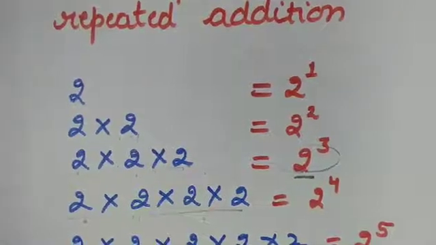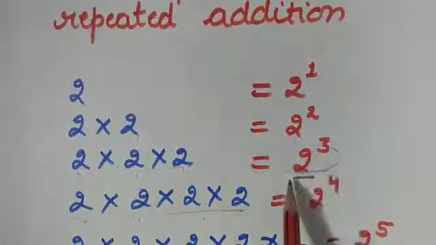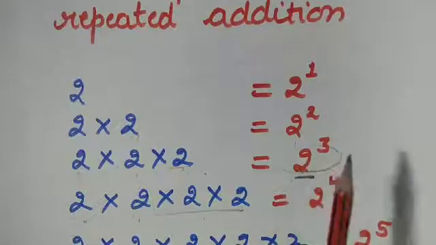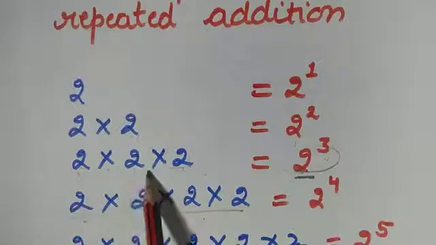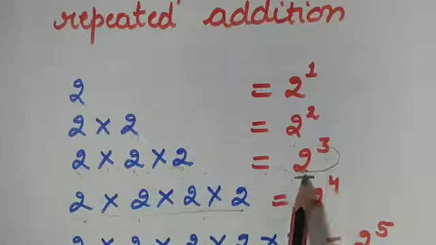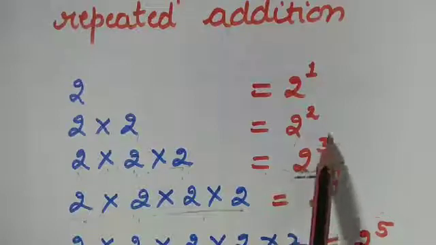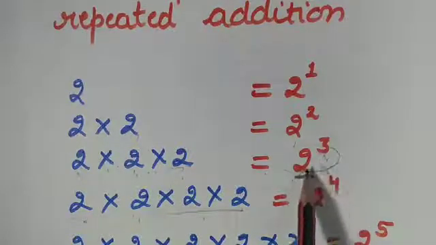That is 2, and 3 is the superscript of 2. Again I am explaining, when 2 is multiplied 3 times, this can be written as 2, and this 3 is the superscript of 2.